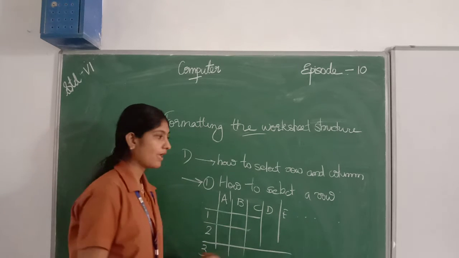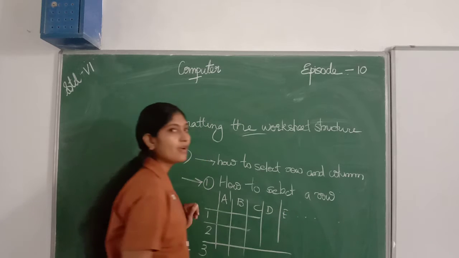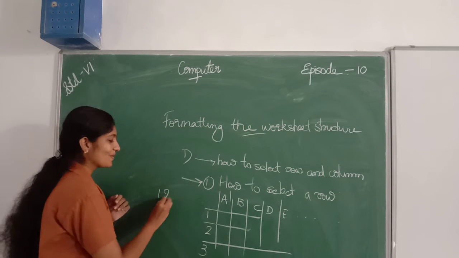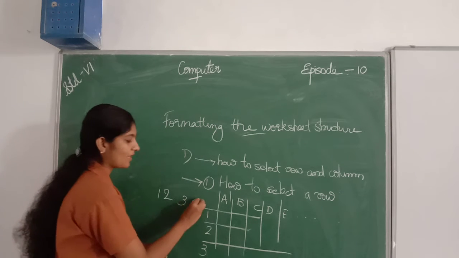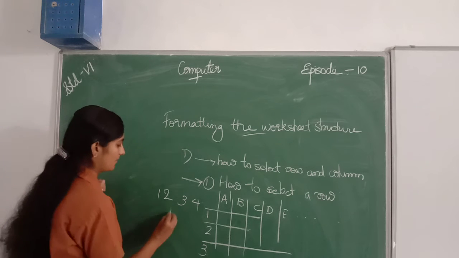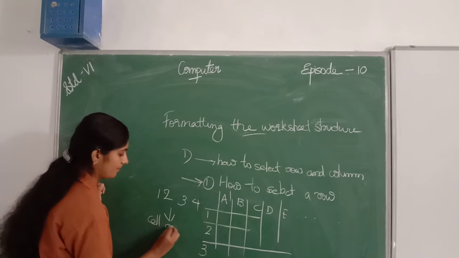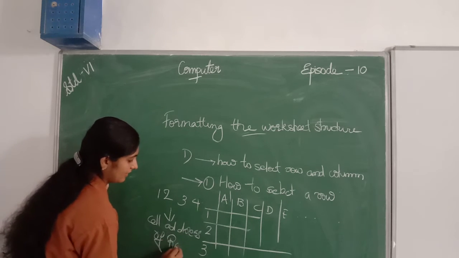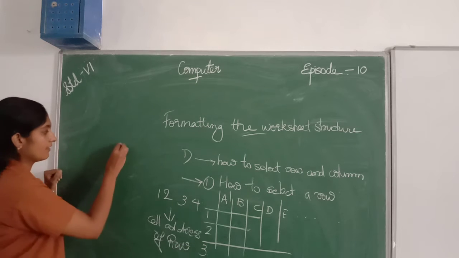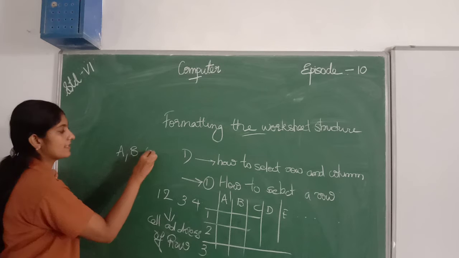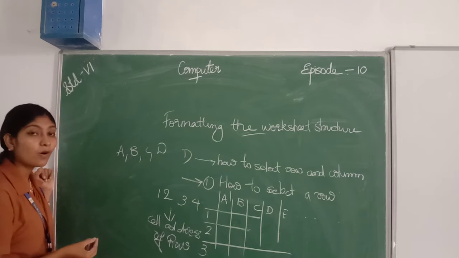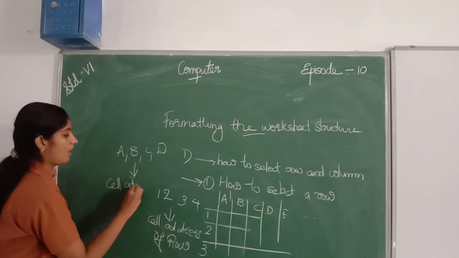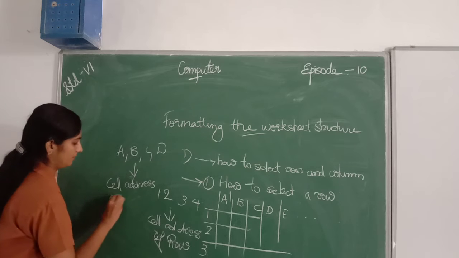These are the rows, and A, B, C, D are the column addresses. These are the cell addresses of column.